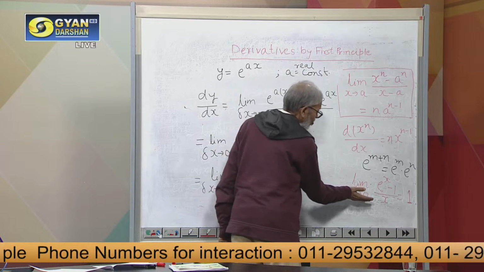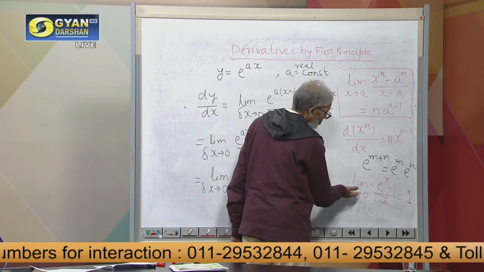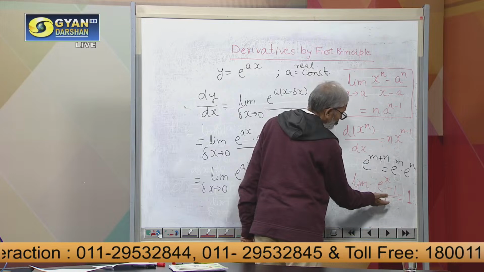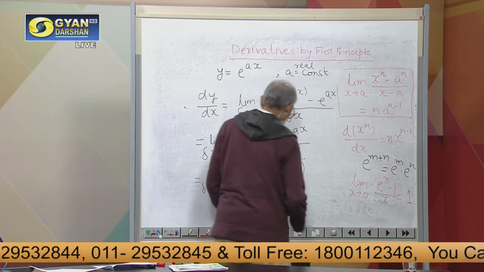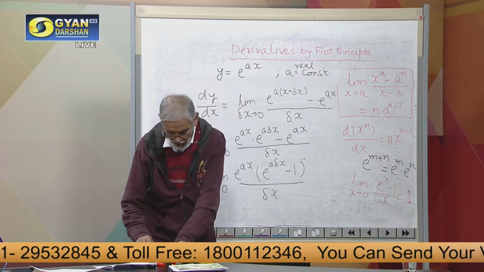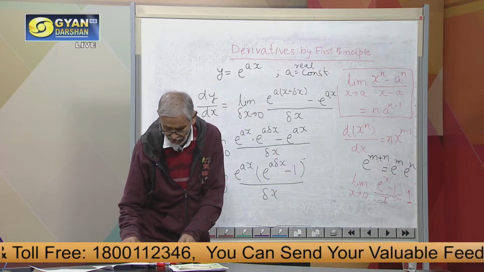You remember this formula, we learnt that limit x tends to 0 of e to the x minus 1 divided by x is equal to 1. So, here we will use this formula.